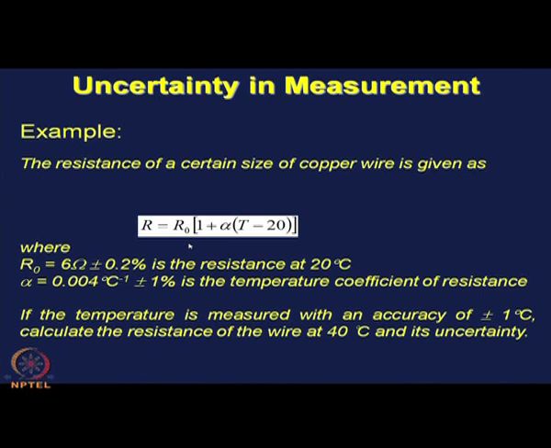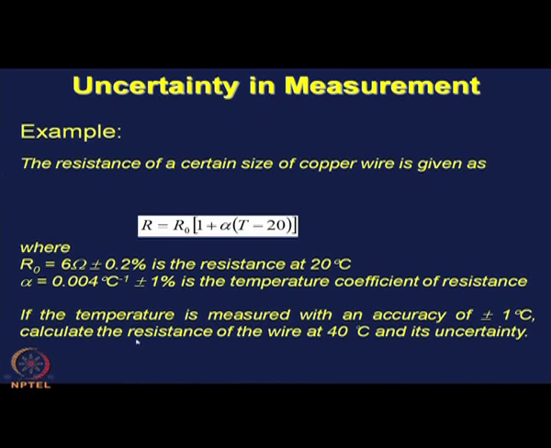We need to find out what is the uncertainty in this computation for resistance at temperature 40 degrees Celsius if R0, alpha and the temperature are given with a specified uncertainty. So, let us try to solve this problem.